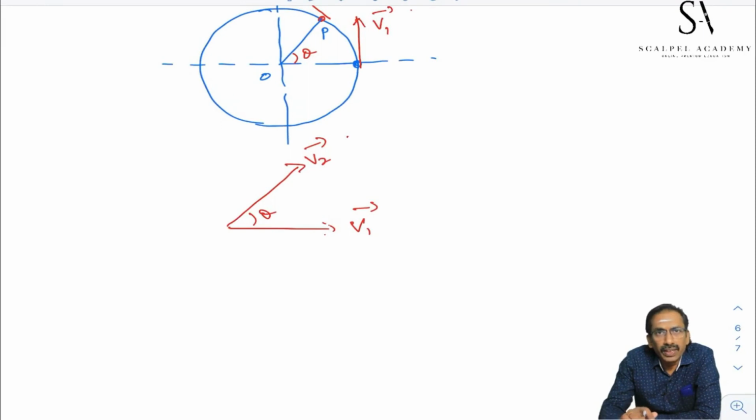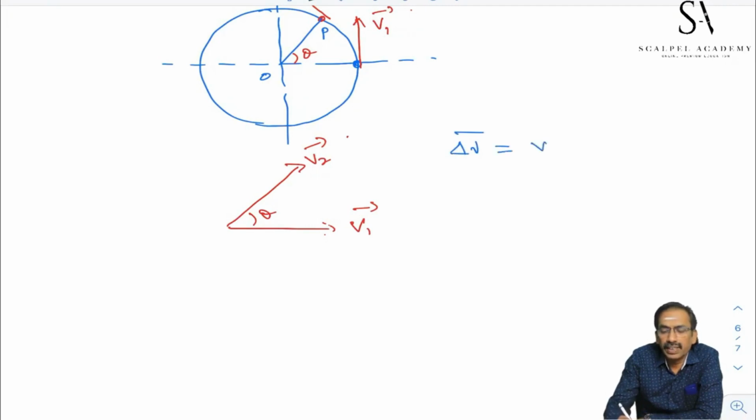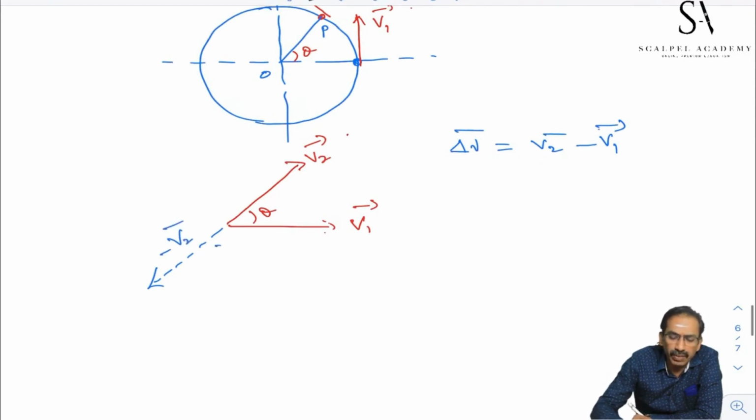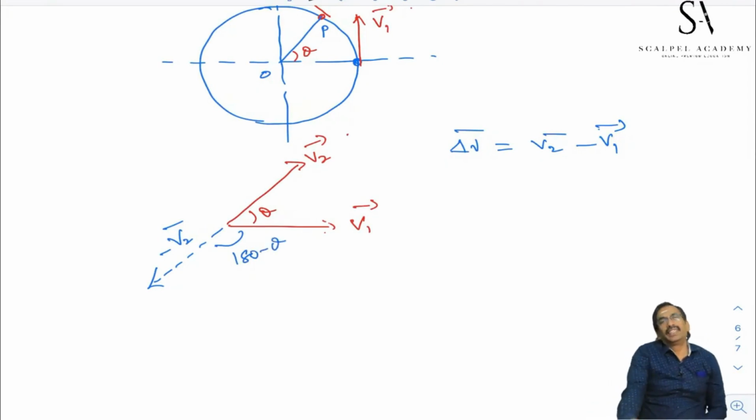Student, we are going to calculate the change of velocity. Change of velocity means final velocity minus initial velocity. Then you have to calculate minus v2. What is the angle made by minus v2 with v1? 180 minus theta. Then what is the resultant v2 minus v1?